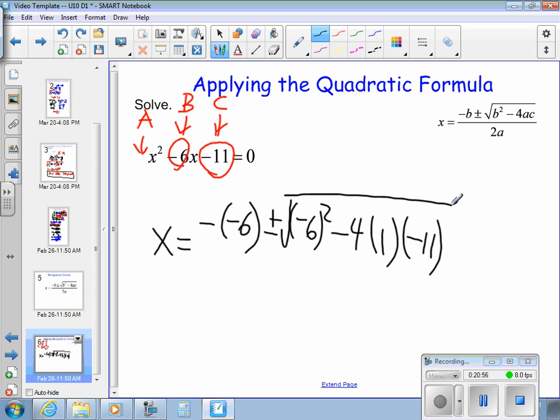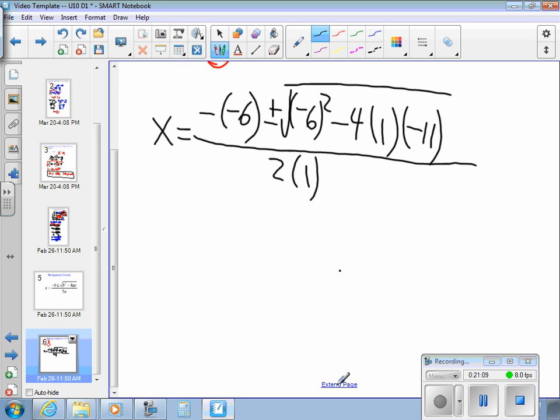Okay, it's the square root of that whole thing. And then all of that is over 2 times, and a was 1. Now that we've plugged it in, we just have to work out the calculations.